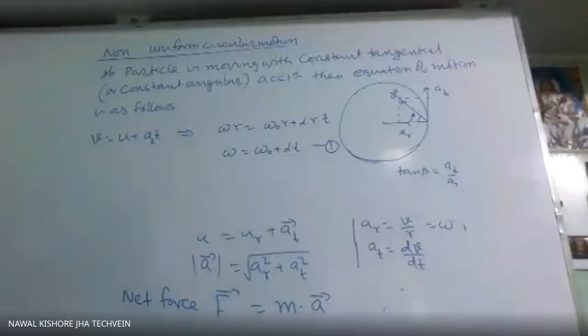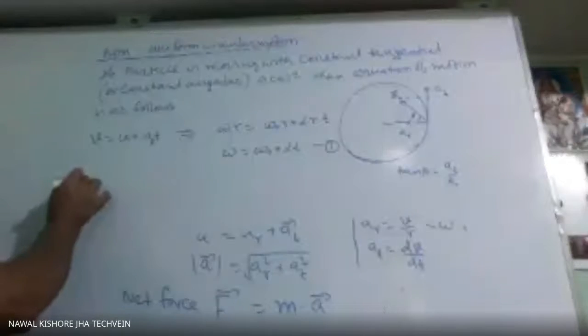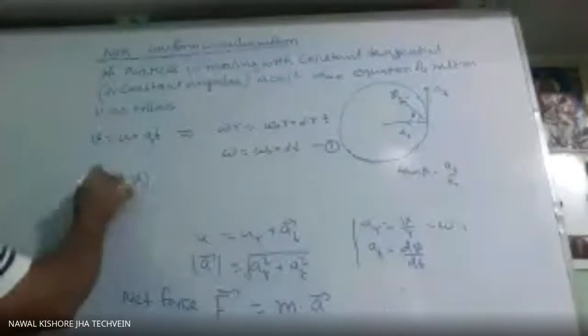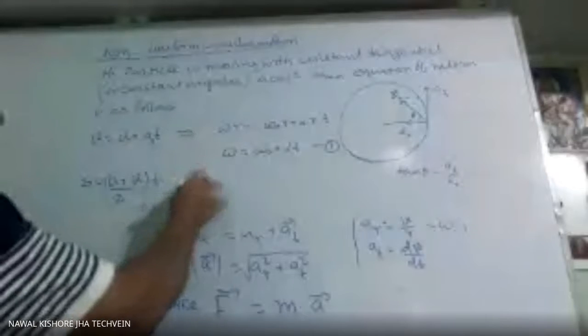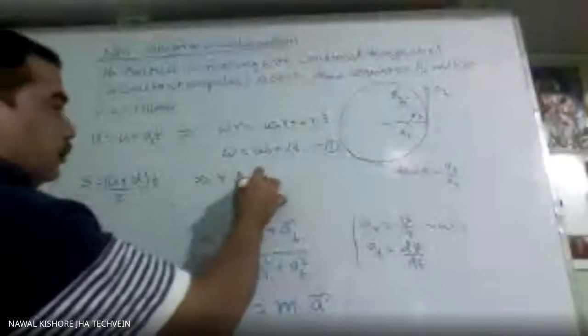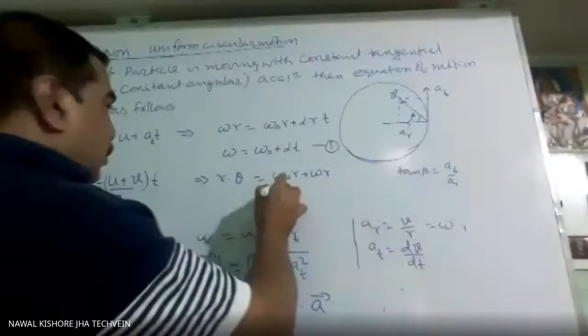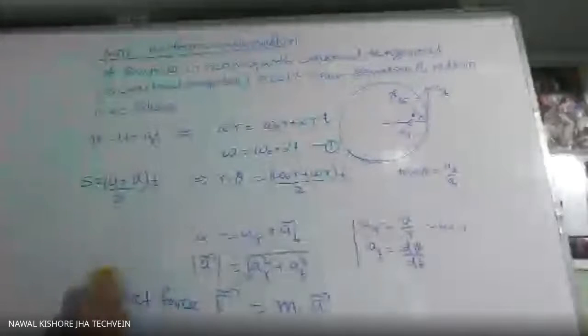Similarly, you can write the other equations also. S is U plus V by 2 into T. S means the linear distance, so R into theta. R will be cancelled.